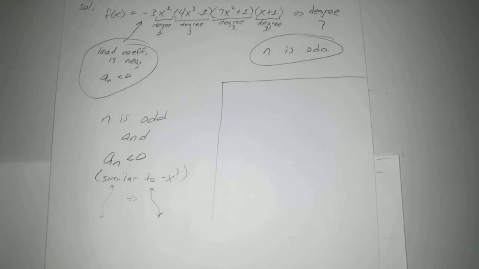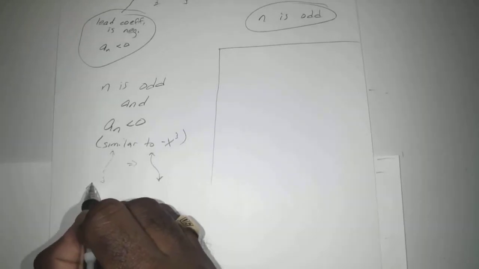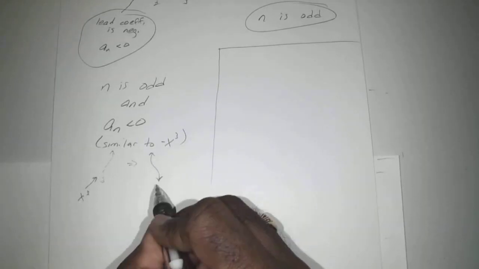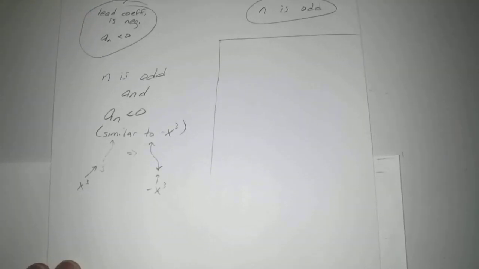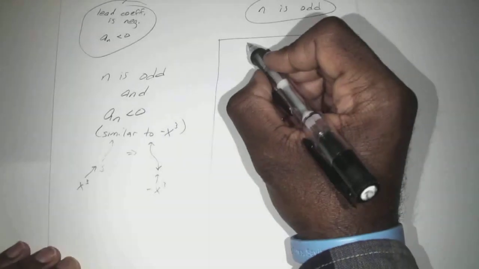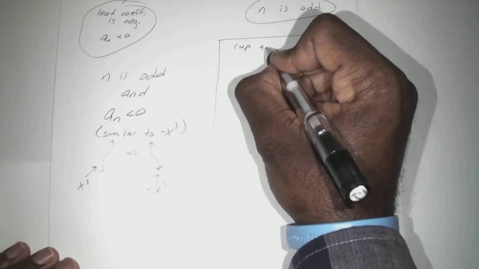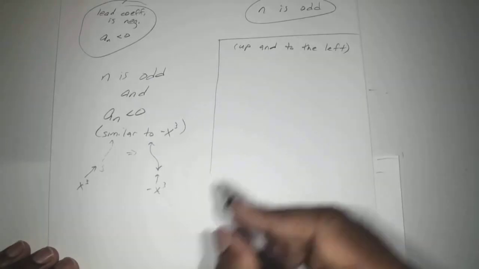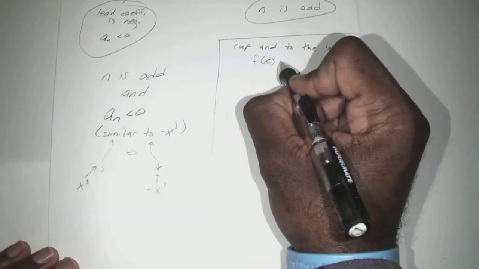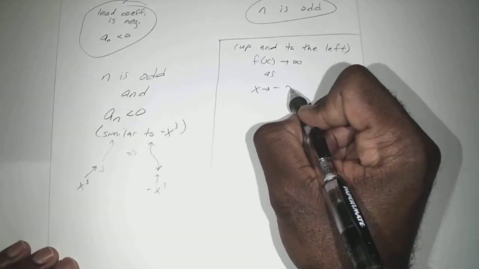Okay, so even if you can't remember how negative x to the third looks, if you remember x squared and x to the third, you can always just flip them over. Okay, so remember this is x to the third, and this is negative x to the third. So that means it's going up and to the left. Or in other words, f of x is approaching infinity as x approaches negative infinity.